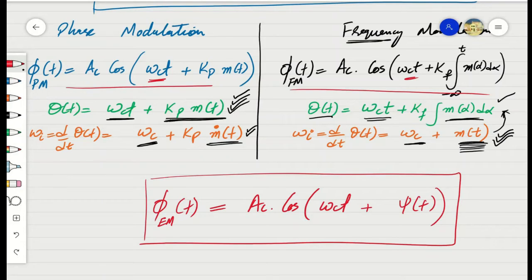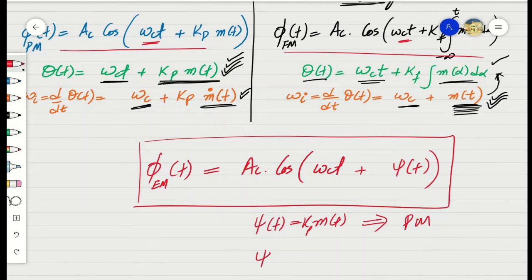If psi of t is substituted as a scaled variant of the information signal, then this equation represents the phase modulation scheme. While if psi of t is substituted as a scaled and integrated variant of the information signal, then this generalized expression of exponential modulation schemes represents the case of frequency modulation.